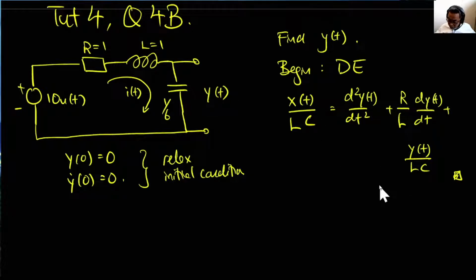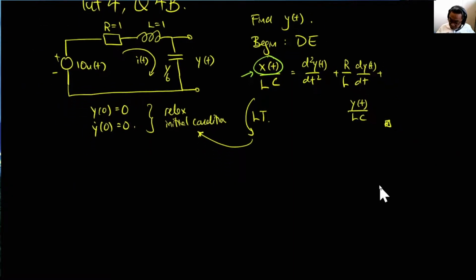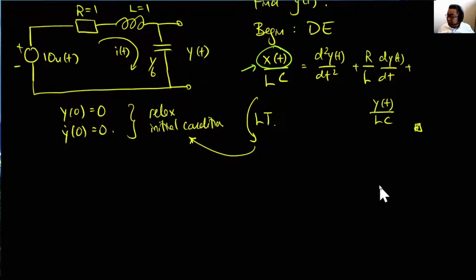What we need to do is that when we perform the Laplace transform, we need to use this initial condition as well as the new values of xt, because in the previous question xt was 0, but now it is 10 ut. Let's try.